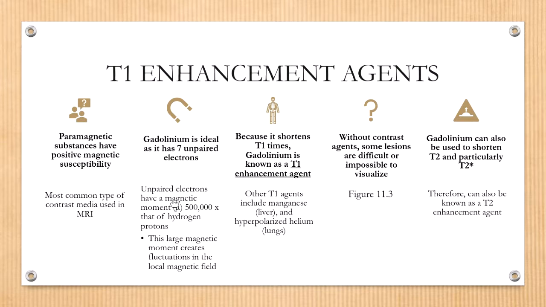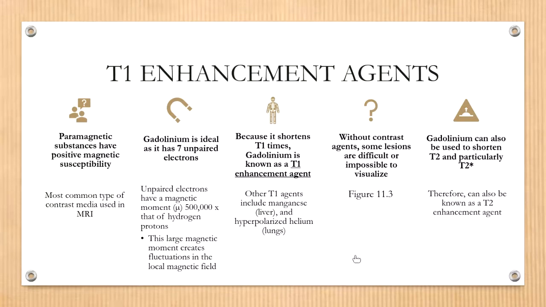And these unpaired electrons have a magnetic moment 500,000 times that of a hydrogen proton. So when you think about how much stronger that magnetic moment is, you can understand how one gadolinium molecule could influence the magnetic field enough to drop the tumbling rate of the water molecules. So the large magnetic moment is going to create that fluctuation that's necessary to reduce the tumbling rate of water and bring it down to Larmor frequency.